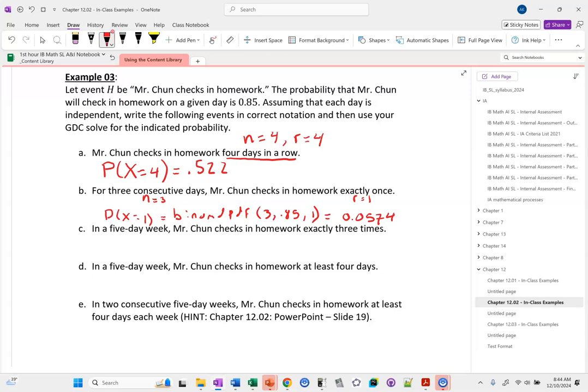In a 5-day week, Mr. Chun checks in homework exactly 3 times. So 5 days, 3 successes.